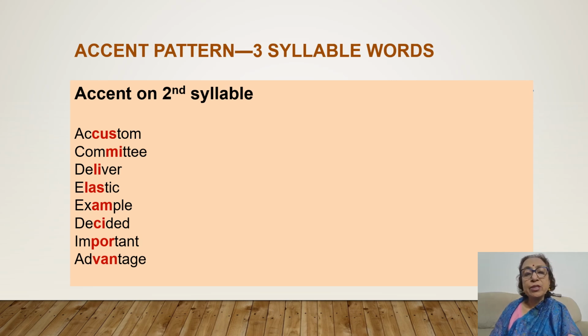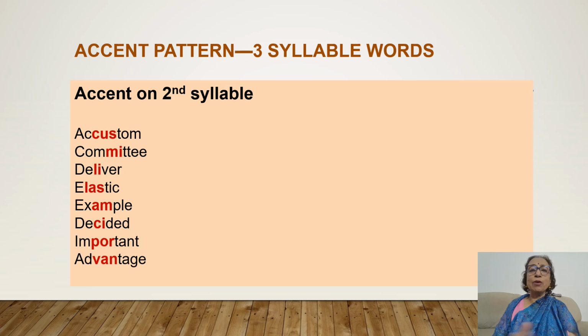So stress is on the second syllable. Then committee, com, mit, tee. Com and tee small, mit stressed, with more force, more accent. Deliver, liv stressed, and then ver unstressed. Elastic, e unstressed, las stressed, tic unstressed. Three syllables. All these are three syllables.